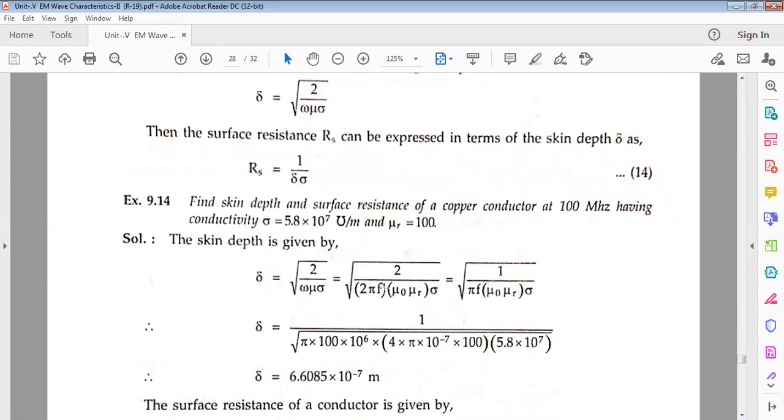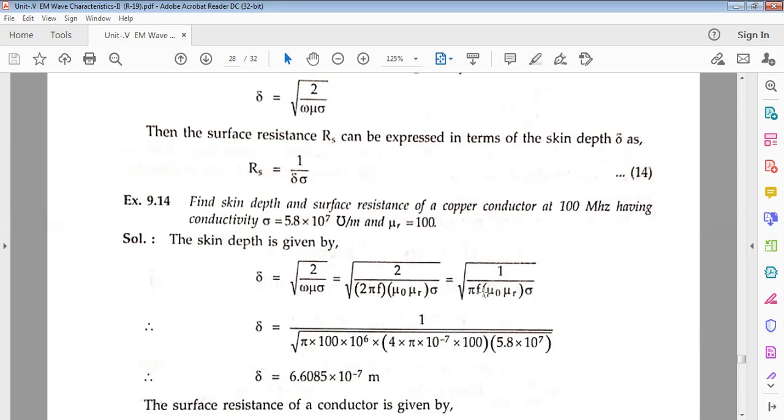Omega is 2 pi f, where f is given as 100 megahertz, mega means 10 power 6. And mu r is given as 100. Mu naught we know is 4 pi into 10 to the power of minus 7. And conductivity is given as 5.8 into 10 to the power of 7 siemens per meter.